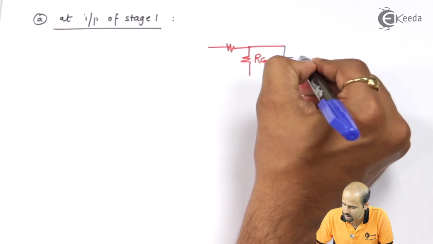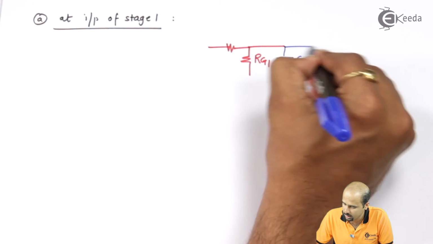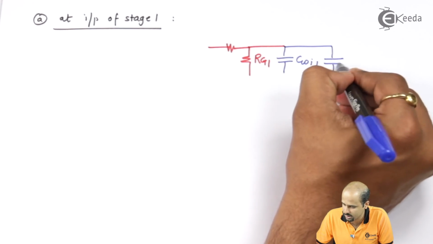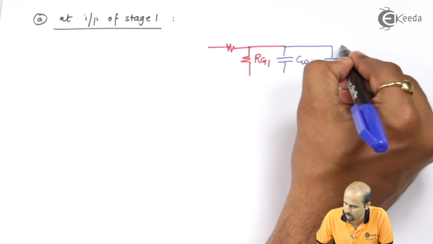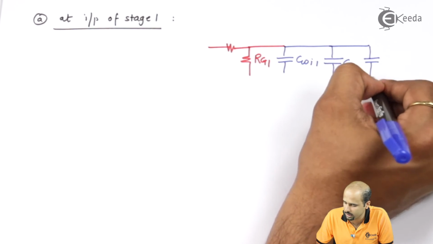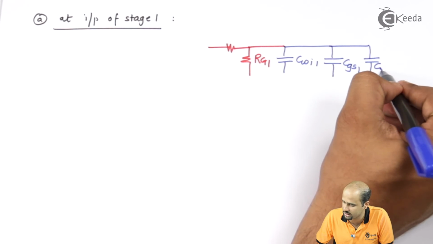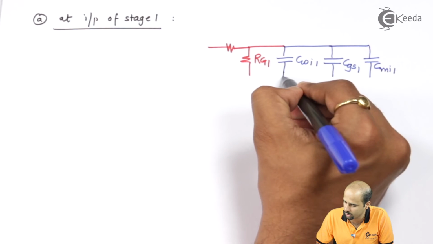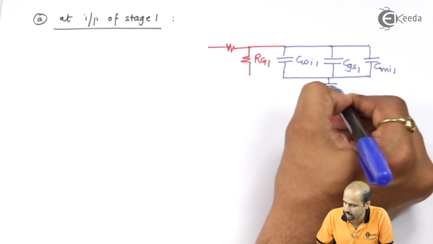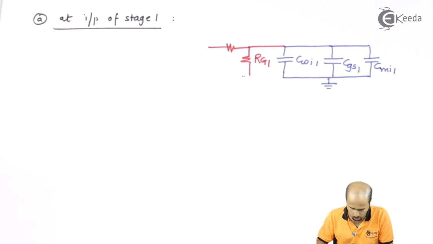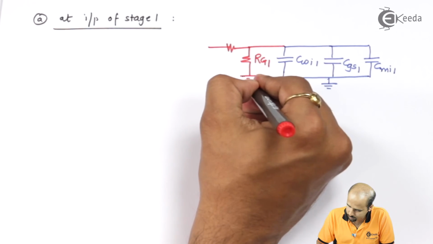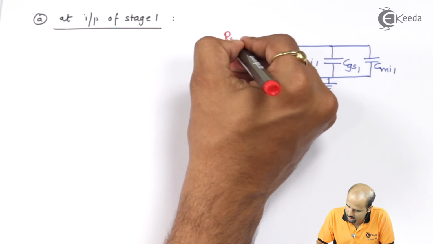One is your CWI1, another one is your CGS1, and another one is nothing but the replacement of CGD1, that is nothing but CMI1. Okay, all these capacitances are in parallel. This is also in parallel. So this is your signal.